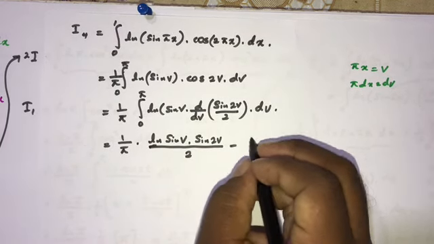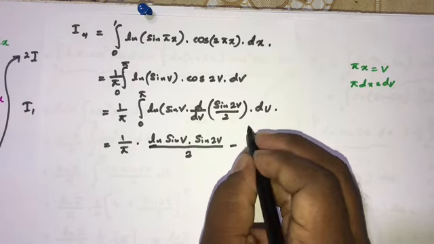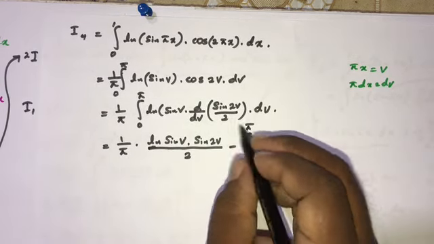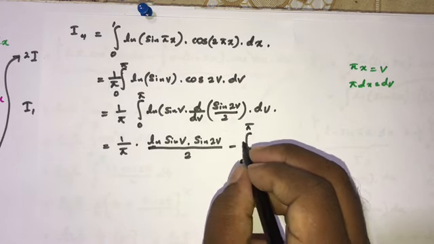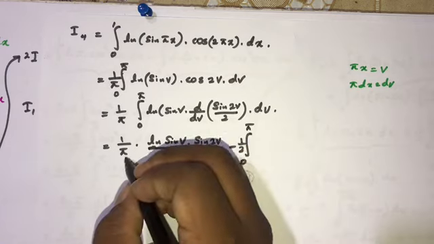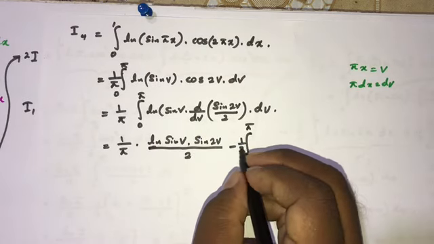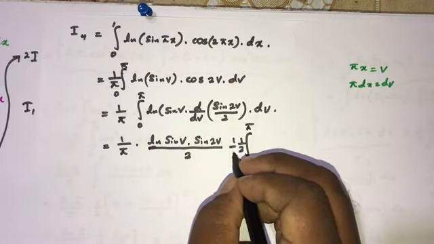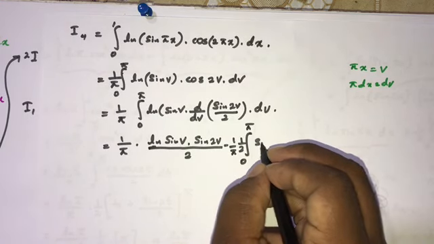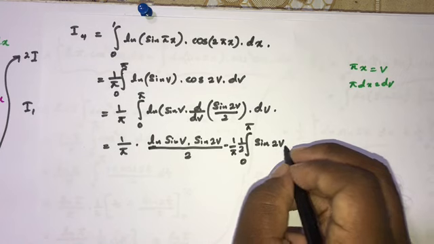Minus now 0 to π. First rewrite this function, so 1 over 2, and here we have 1 over π, so also 1 over π, here minus sign, and now here sine of 2v.